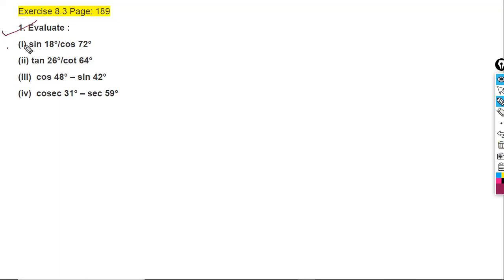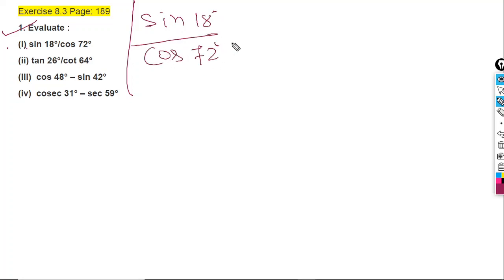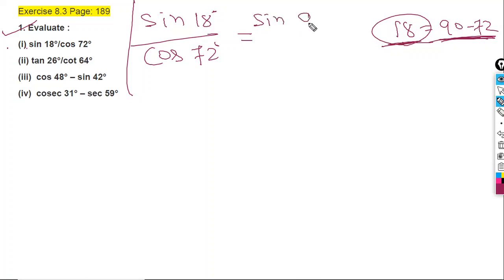So let's start with exercise 1(i). sin 18 degree divided by cos 72 degree. You know that 18 is equal to 90 minus 72. So instead of 18 we can write sin (90 minus 72) divided by cos 72 degree.